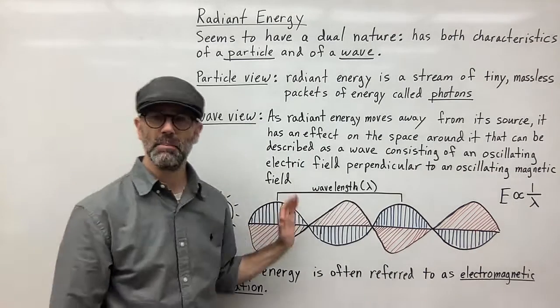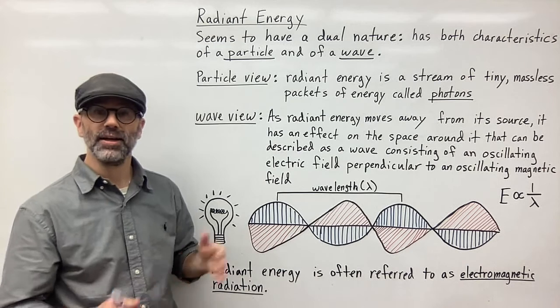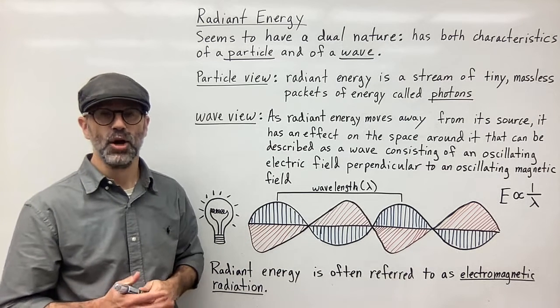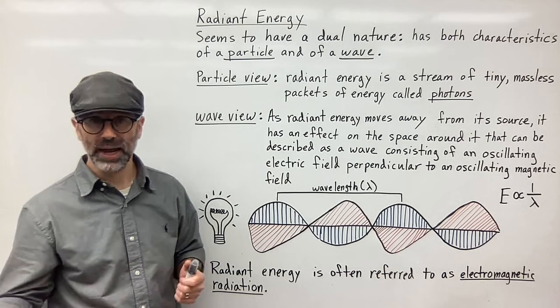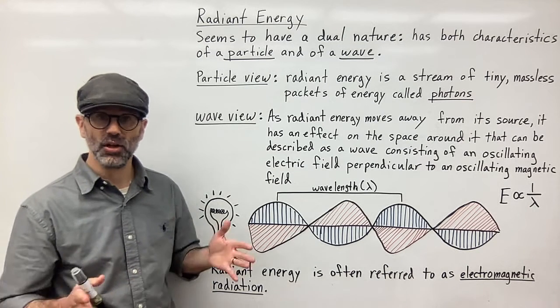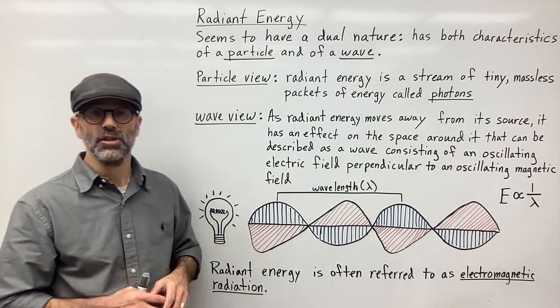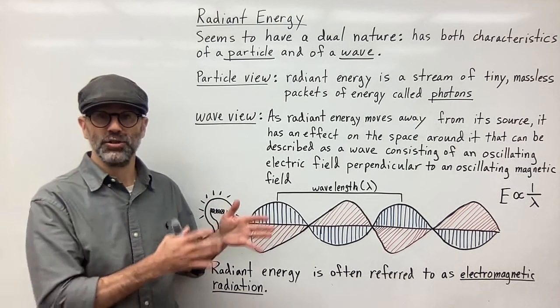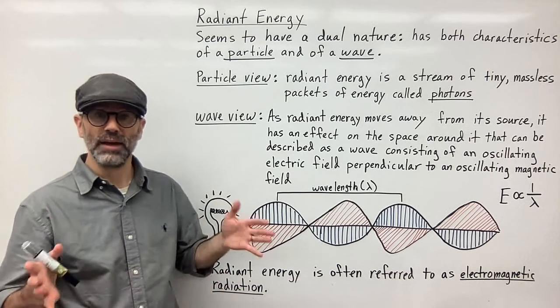So that would be the measure of the wavelength. And so you could identify what kind of radiation you have, whether it's gamma radiation or radio waves or microwaves or something along those lines. You could distinguish those by the wavelength. So you could either do it according to the energy per photon, or you could do it by the wavelength.